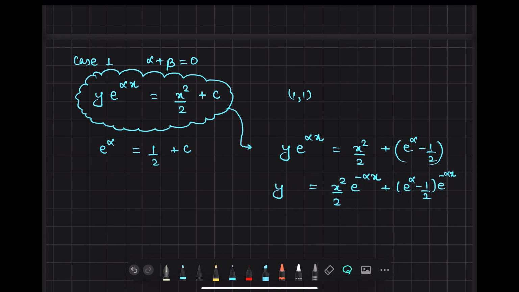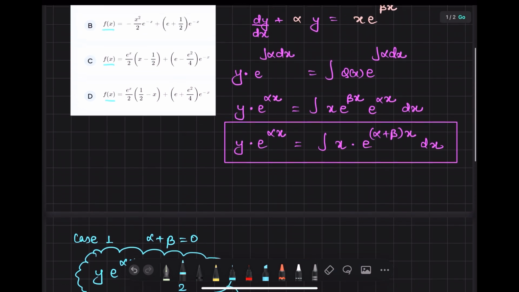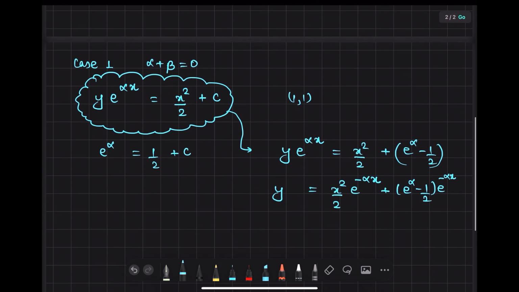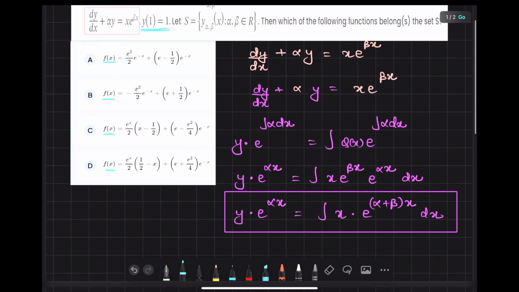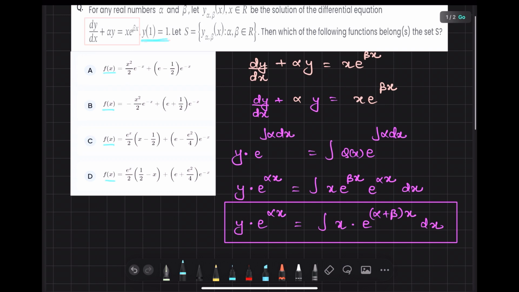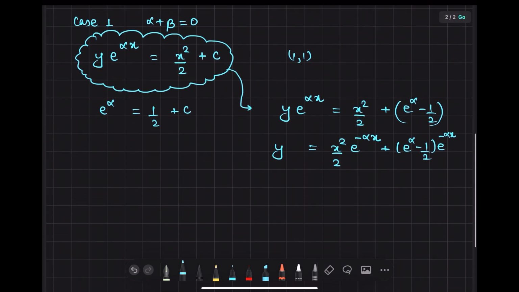Now look at how we will write the final thing. We'll compare with the options. The first thing is x square by 2, and yes, we have x square by 2 in the options, but we want e power minus x. So e power minus x is only possible if alpha is 1. So put alpha as 1.